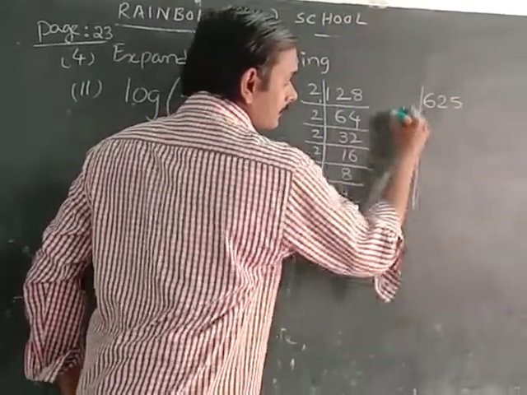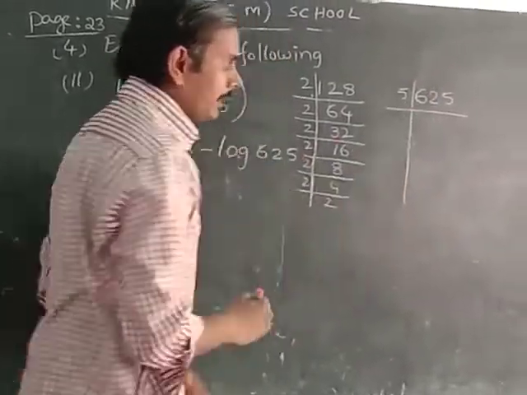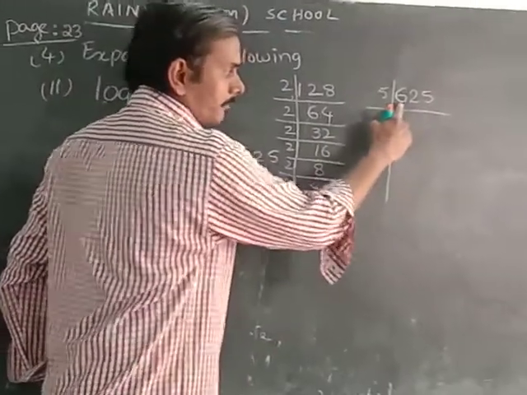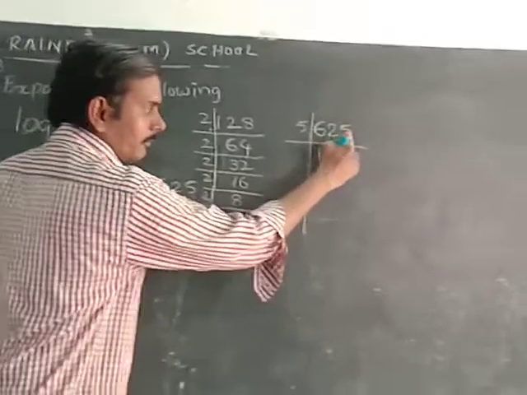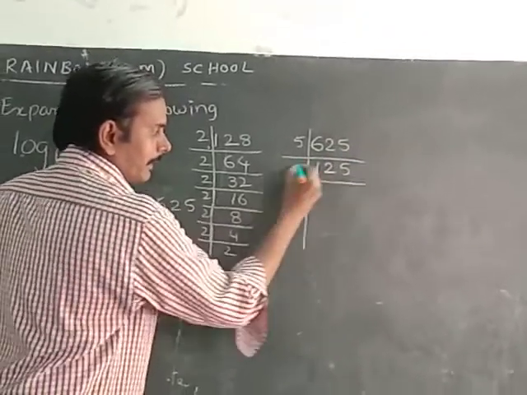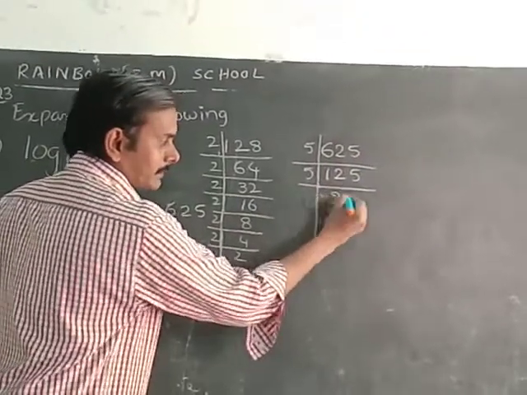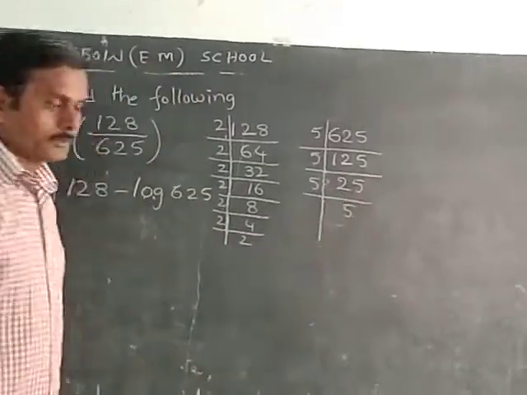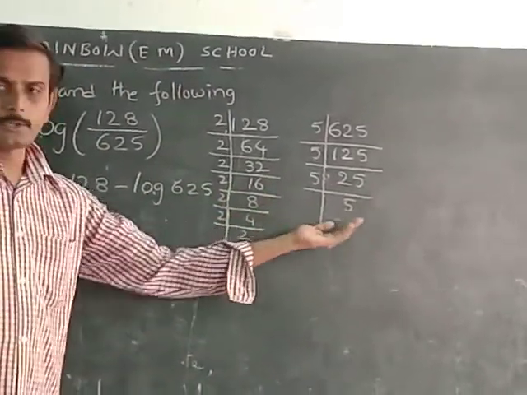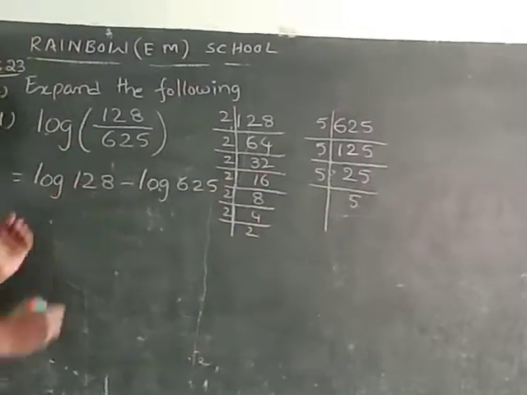625, with the 5 table. 5 times 125 is 625. 5 times 25 is 125. 5 times 5 is 25. 5 times 1 is 5. Now write the exponential form.